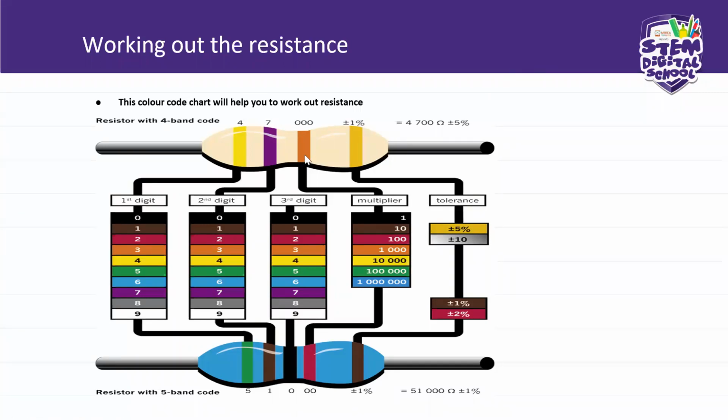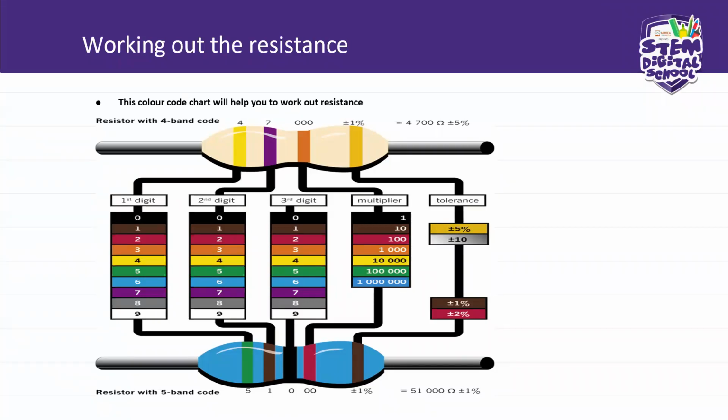What are these three bands measuring? Or these four bands measuring? What are they measuring? They are measuring resistance. Yeah, right, clear.